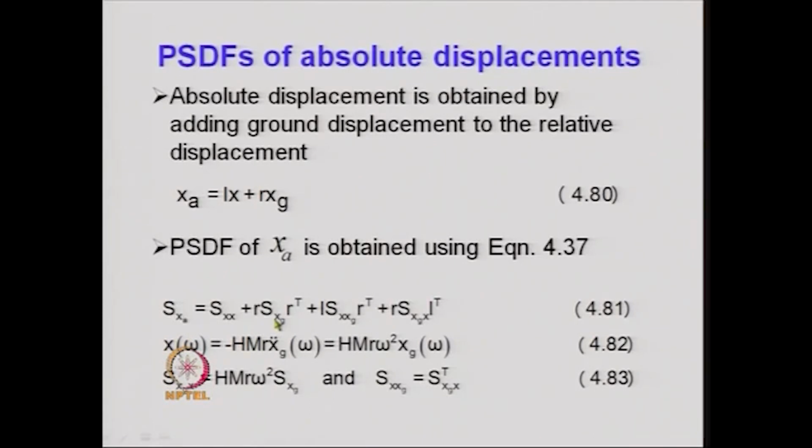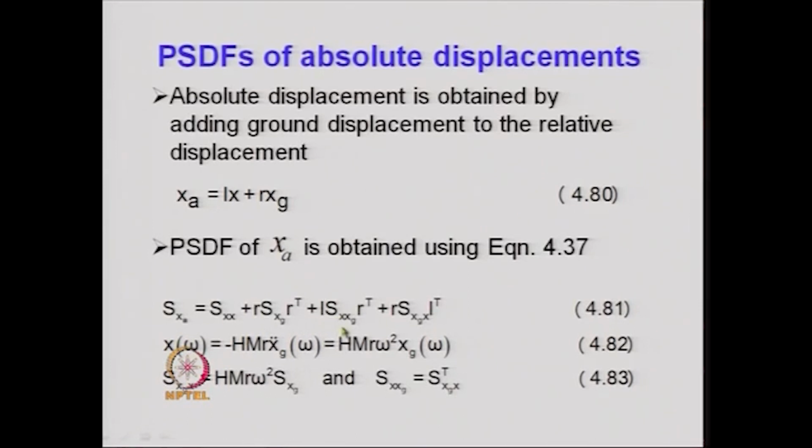This relationship we had shown before, that is Sx double dot g is equal to omega to the power 4 into Sxg. So, there exists a relationship between the power spectral density function of ground acceleration and the ground displacement. Using that relationship one can find out Sxg if Sx double dot g is specified.